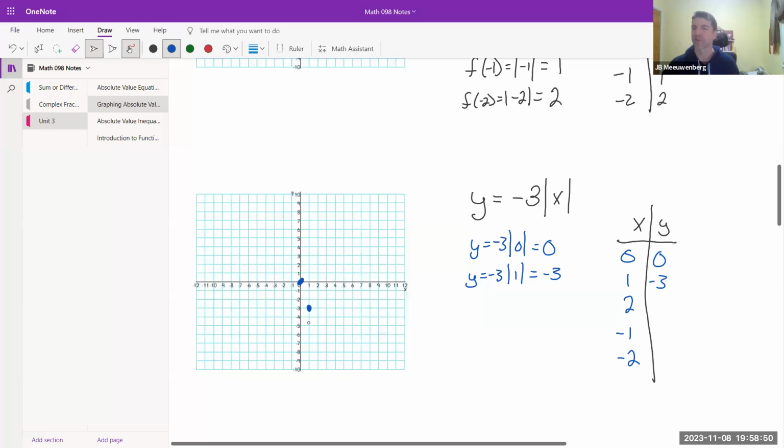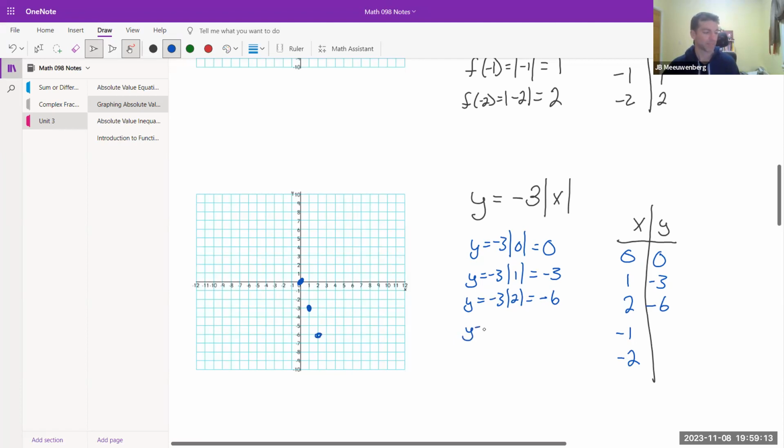So this is going in a different direction than the previous one. How about 2? Y equals -3 times the absolute value of 2. The absolute value of 2 is 2, times -3 is -6. Oops, I forgot to graph that one, 2, -6.